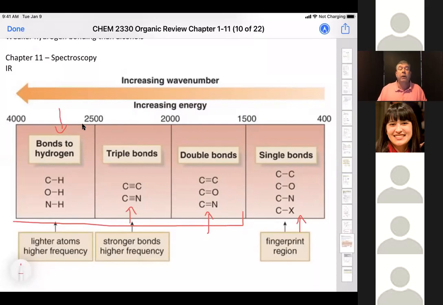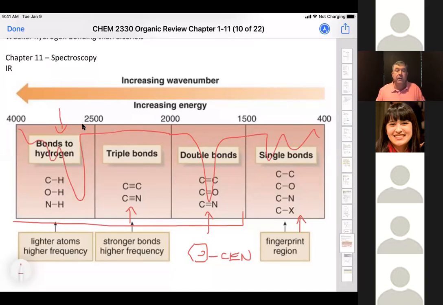So you're looking for the presence or absence of the functional group. What if I said, do I have this compound in my system, and the spectrum looked like this? You'd immediately say, wait a minute, this functional group is completely absent.